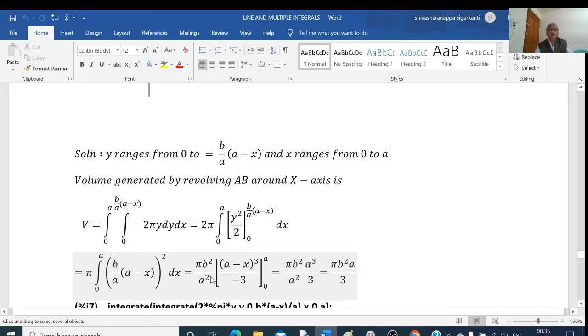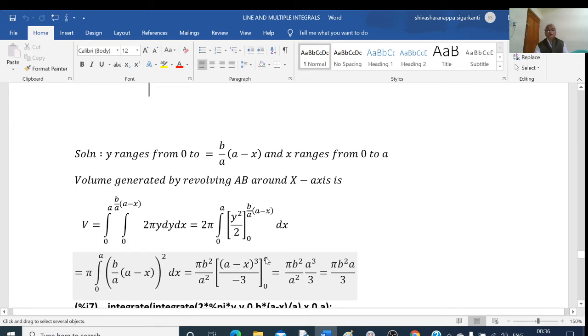This will be b square by a square, and a minus x whole square into dx. Integration of a minus x whole square is a minus x whole cube by 3 by minus 1, because the coefficient of x is minus 1, I have to write a minus sign here. This is between 0 and a.